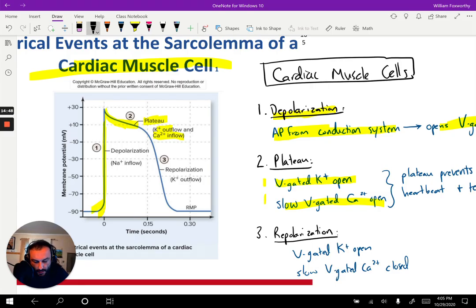So right here during this plateau, you don't have a huge change in your membrane potential and the voltage because you have both potassium leaving and calcium entering. And so you stay at around the same membrane potential.